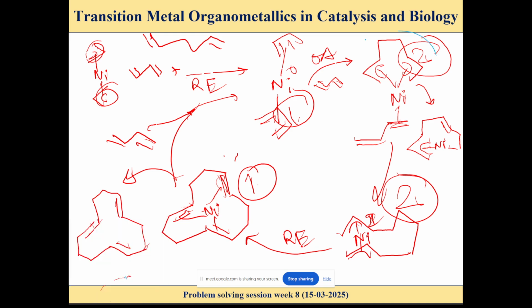Okay, so the compounds highlighted in blue are the nickel complexes in the +2 oxidation state, and those drawn in red are nickel in 0 oxidation state in this catalytic cycle.